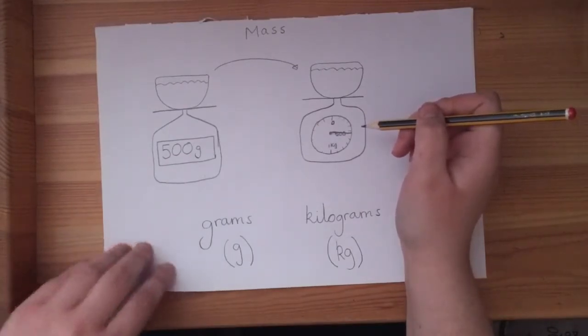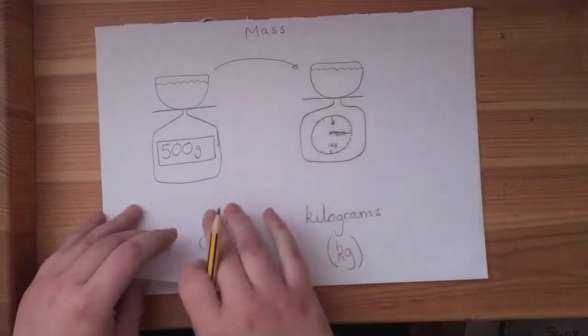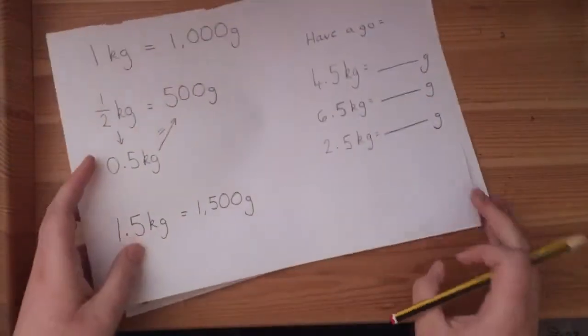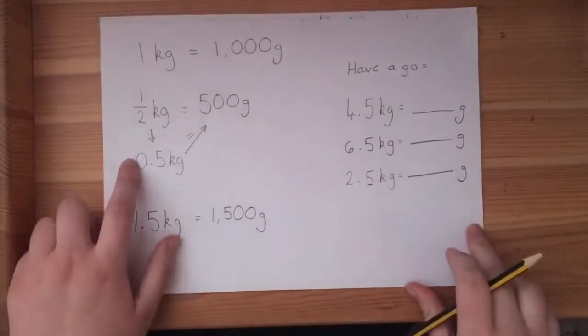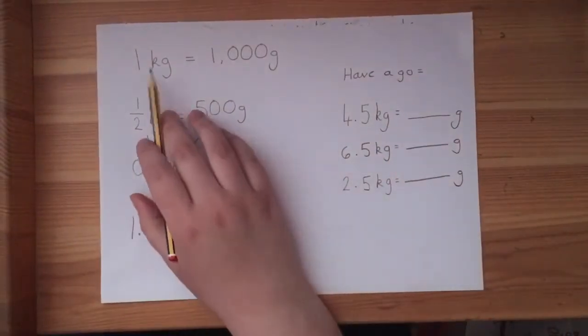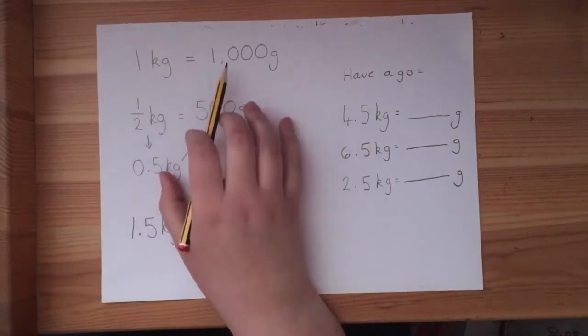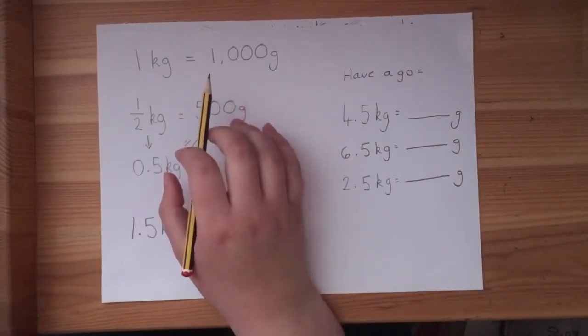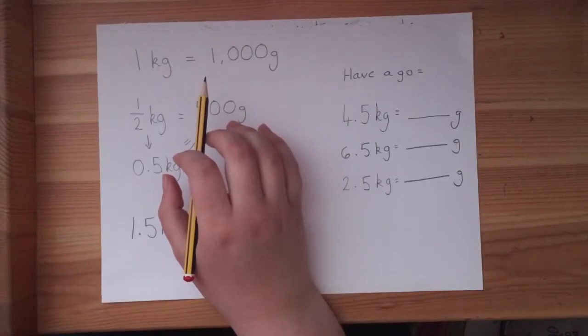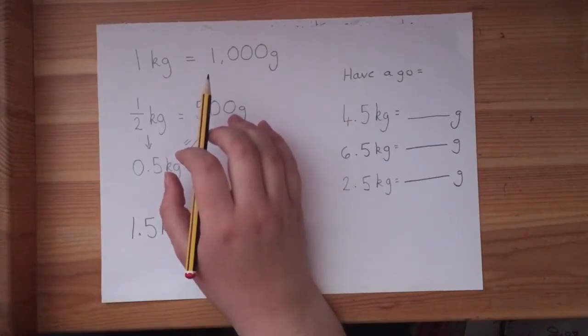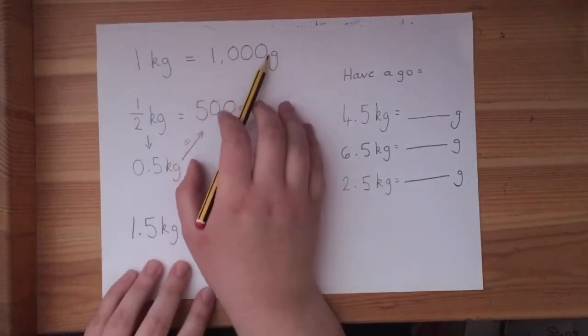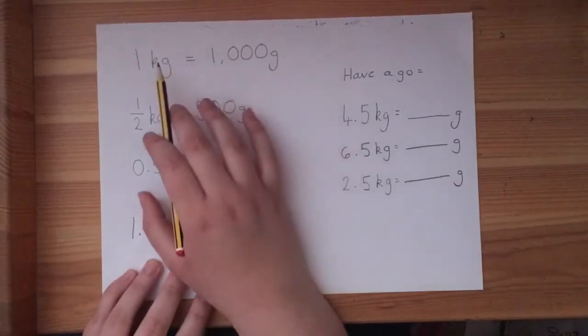But what exactly are grams and kilograms? Well, in every kilogram there are 1,000 grams, just like with meters and kilometers. There are 1,000 meters in every kilometre, just like there are 1,000 grams in every kilogram.